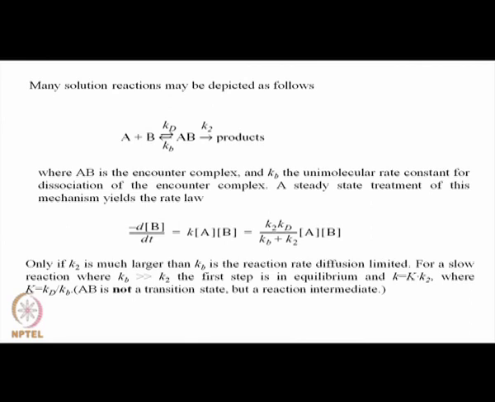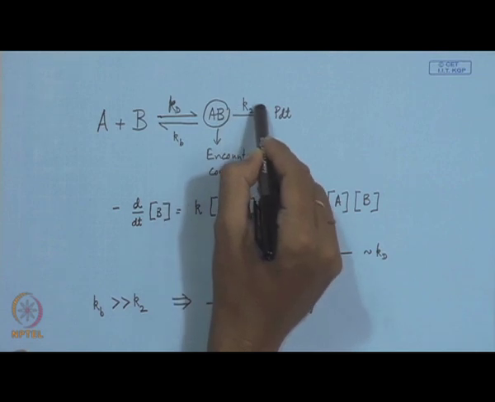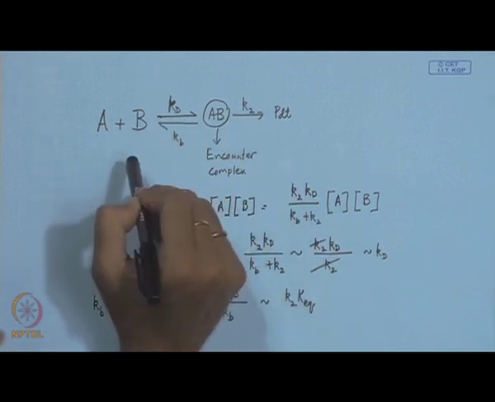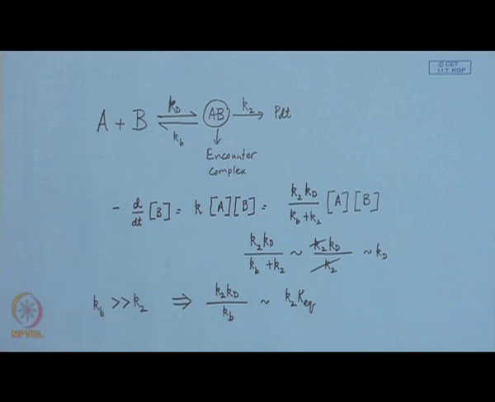So, remember that AB is not a transition state, but a reaction intermediate. What you see is that for a fast reaction, if it is forming the product very fast compared to the back reaction, compared to the dissociation of your encounter complex, then this is a diffusion limited case.